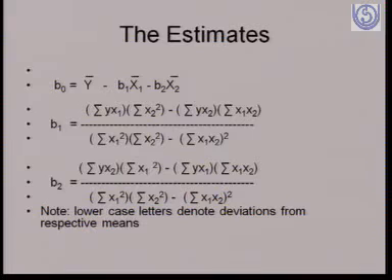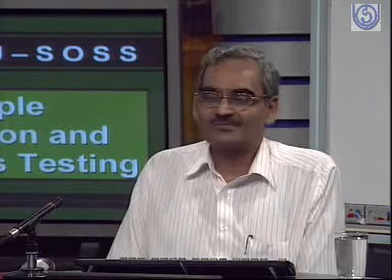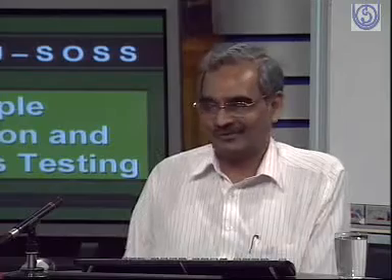The second expression is sigma x2 square, that is x2 minus x2 bar whole square, and all those squared values have been added up over here. This way each of the components of the expressions for b1 and b2 has to be rewritten, reinterpreted. And mind it, if we add more variables, these expressions will become all the more complicated.